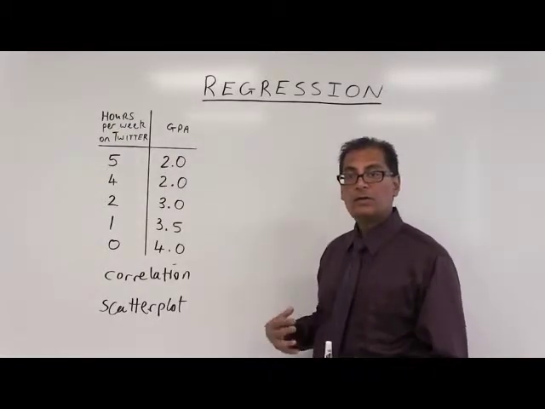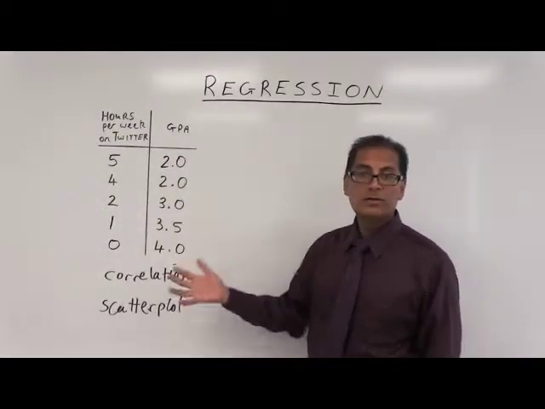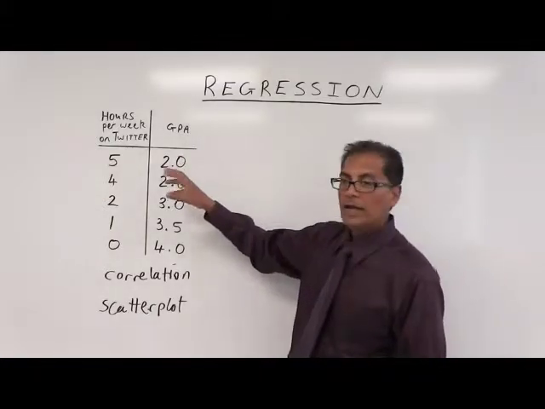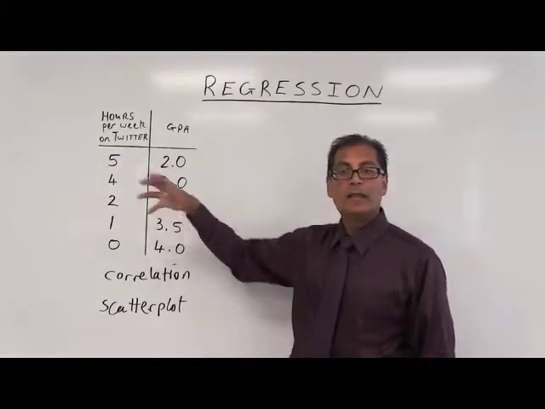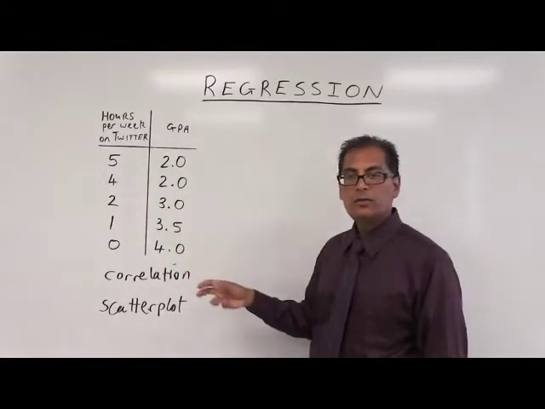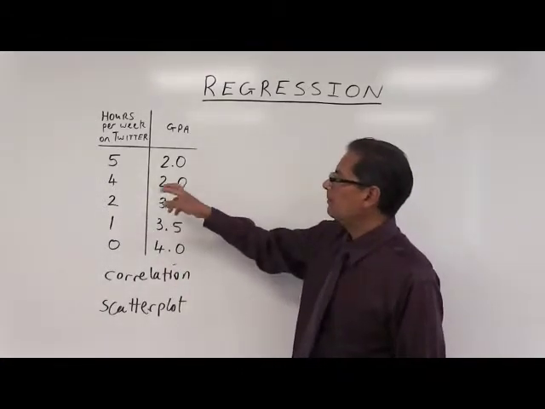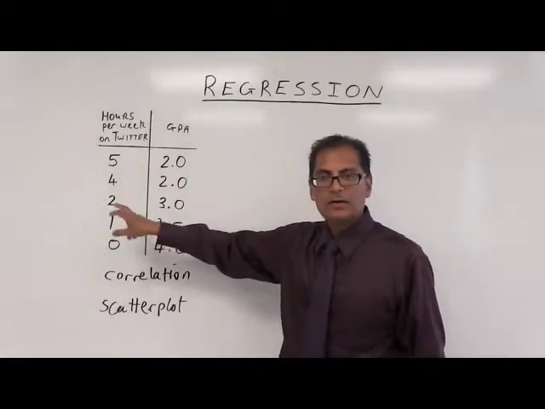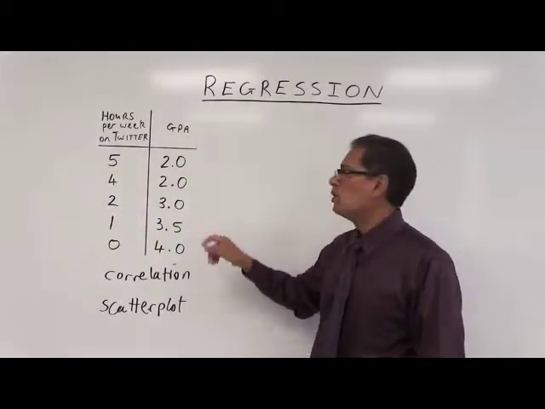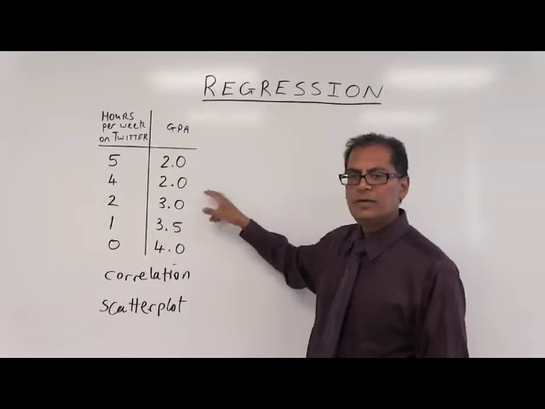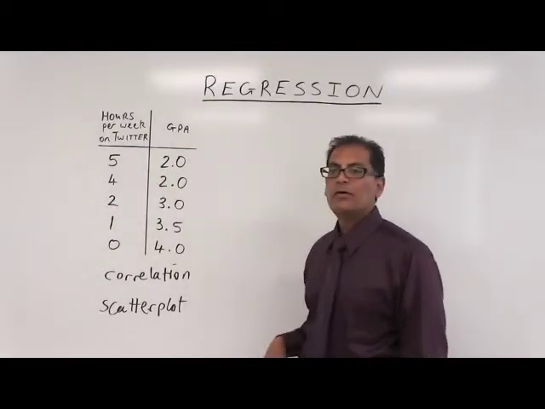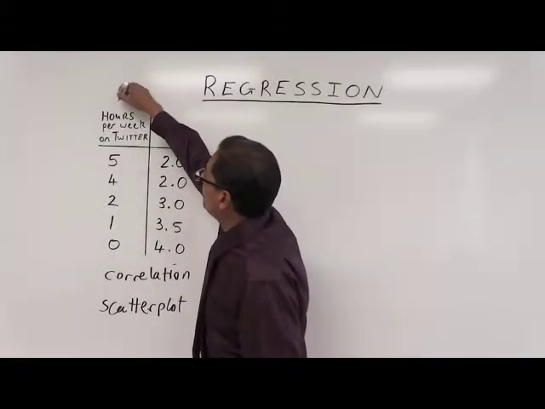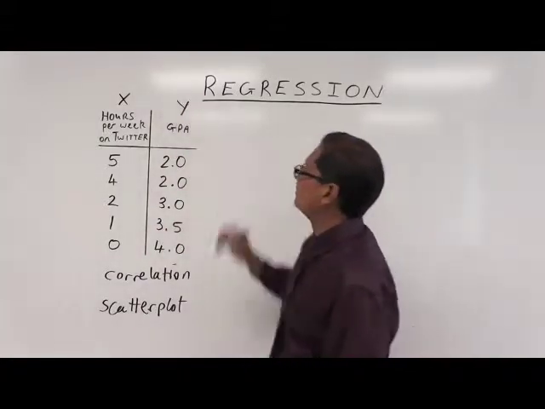And it's our job to decide what is going to be x and what's going to be y. Generally in a scatter plot, we want x to be the explanatory variable and y to be the response. In other words, I'm trying to see if the amount of hours people spend on Twitter explains their GPA, or you can think of it as, is the GPA a response to the number of hours on Twitter? So I'm going to define this here as x and this as y.